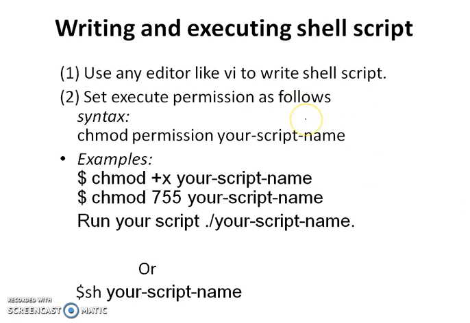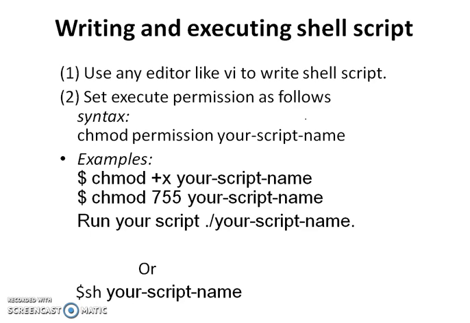To write a shell script, first open a vi editor or any other editor you can use to write a shell script. After writing your program, you save it. You can use .sh as an extension, which is optional.